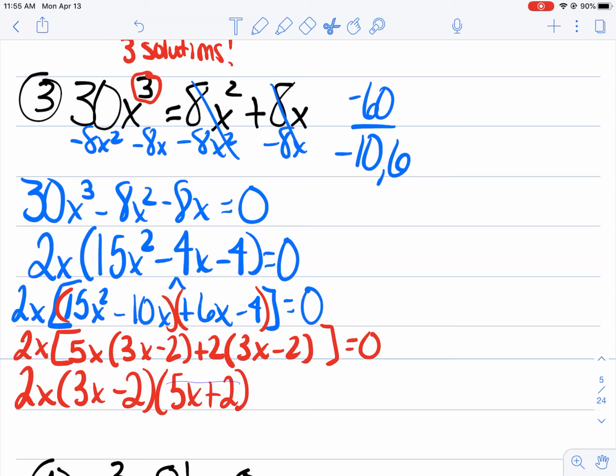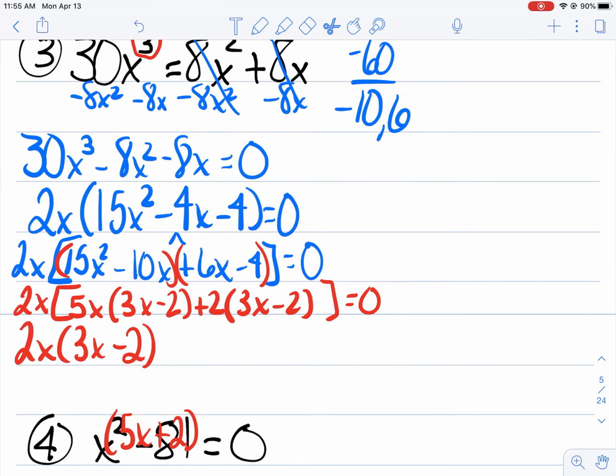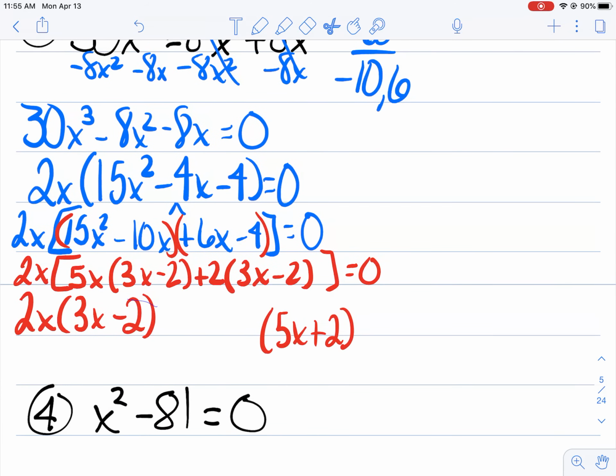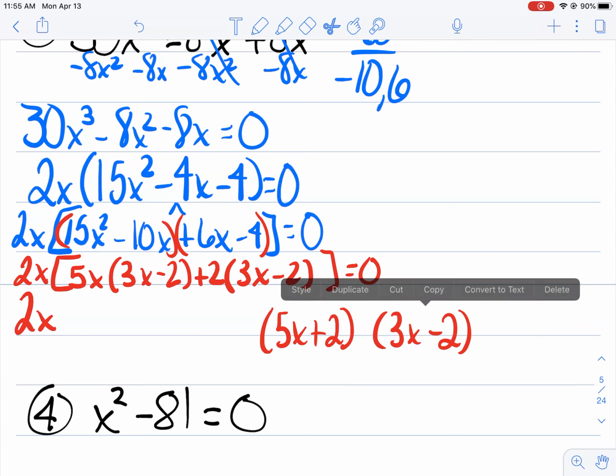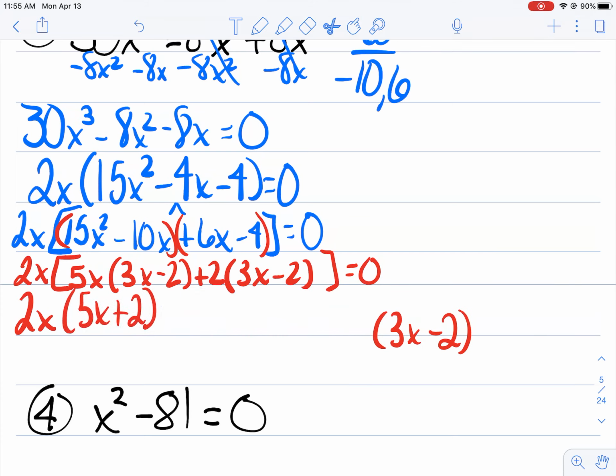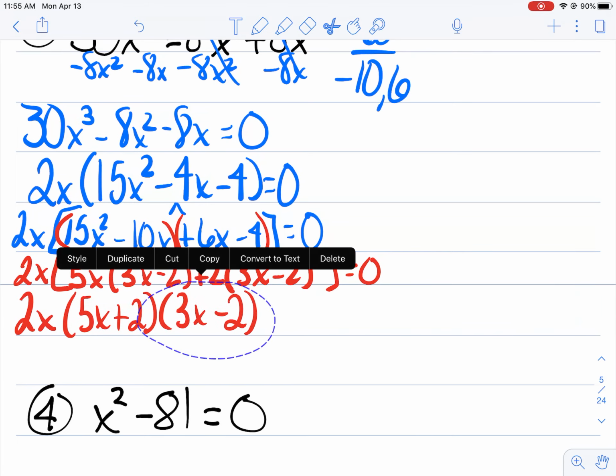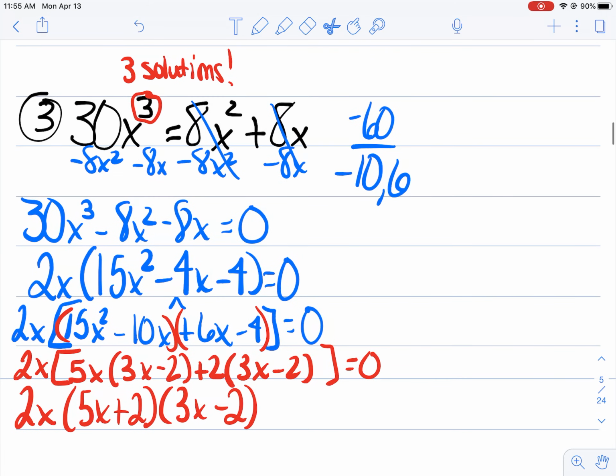Now, I'm going to switch these groups around a little bit. I kind of got them out of order. Not that it matters, but just to be consistent.